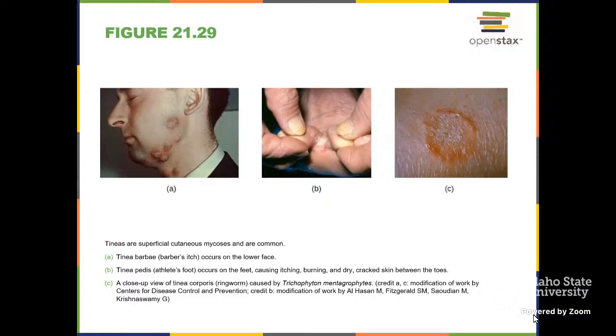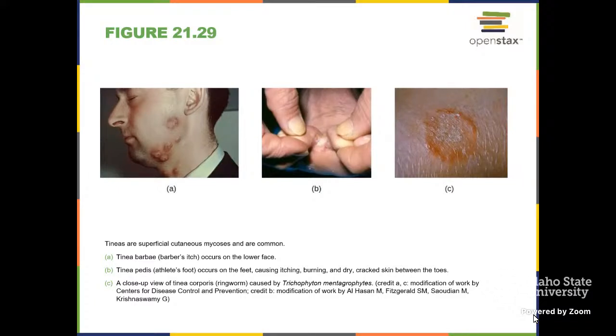Tinea barbae is barber's itch, so you typically see it on the face where you might be shaving, and you can see the fungal infection in this individual, pretty aggressive, I think. Tinea pedis is athlete's foot, something that is really pretty common.